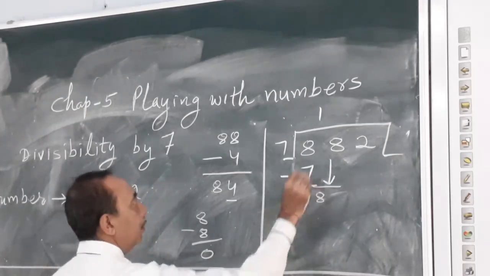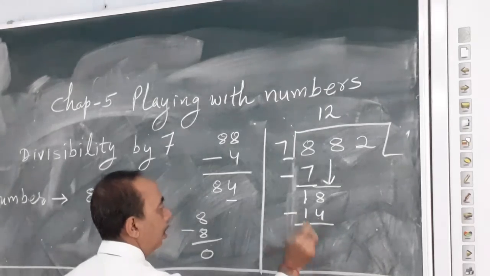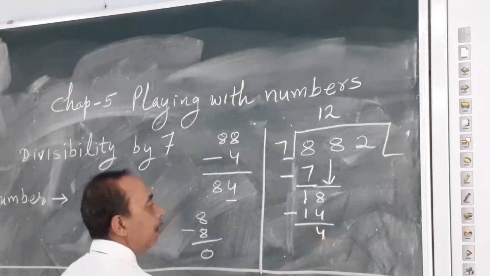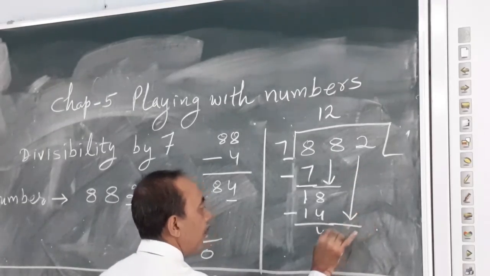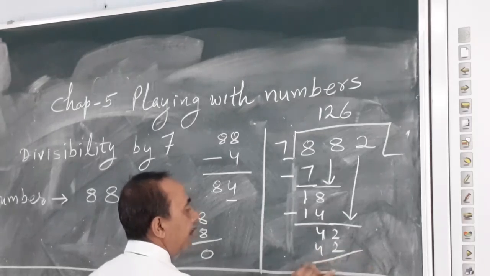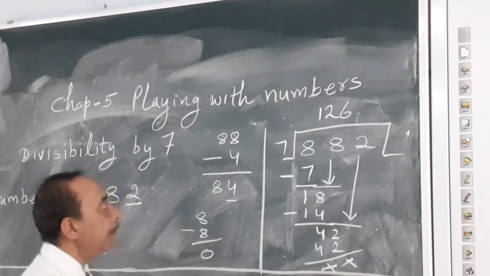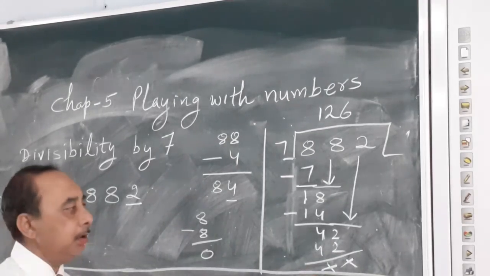We have 18 now, 7 twos are 14, subtract again, remainder 4, and this time 2 is brought down, 42, so 7 sixes are 42, which means this number is completely divisible by 7 because the remainder is 0.